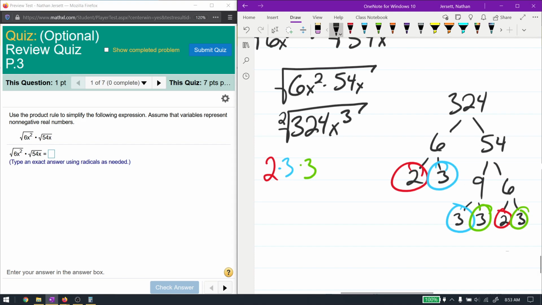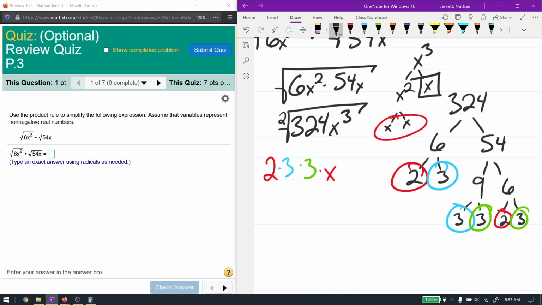We can do a similar process with x cubed. X cubed is x squared times x, which is x times x times x. We have a pair of x's that comes on the outside as an x, and we have a solitary x remaining. Therefore, it stays on the inside.